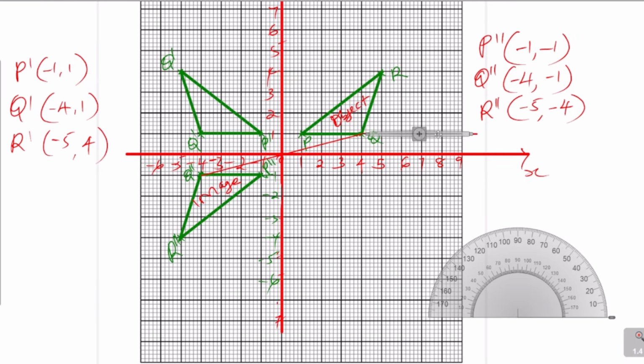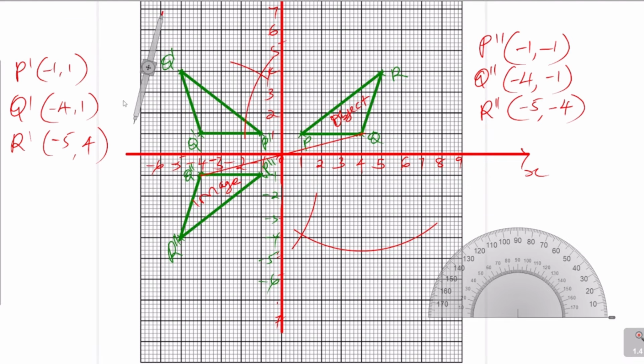This is how you construct it. You stand at Q, with the pair of compasses stretched more than half of that line. You mark an arc there, and then down here, you mark an arc. Then you stand at the same measurement at Q double prime, and cut this arc and that arc, making sure you cut the other arc here as well.